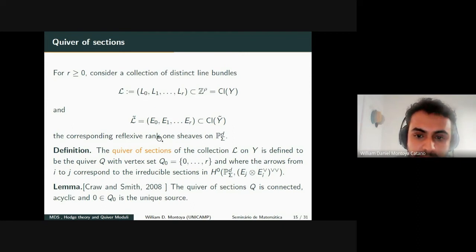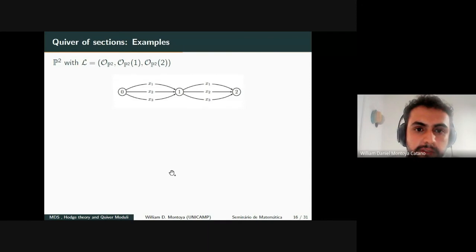And also with this, being effective, you guarantee that there always exists at least an arrow from the structure sheaf to the line bundle you are dealing with. Here there are some examples. A trivial one for P2, choosing this collection of line bundles.